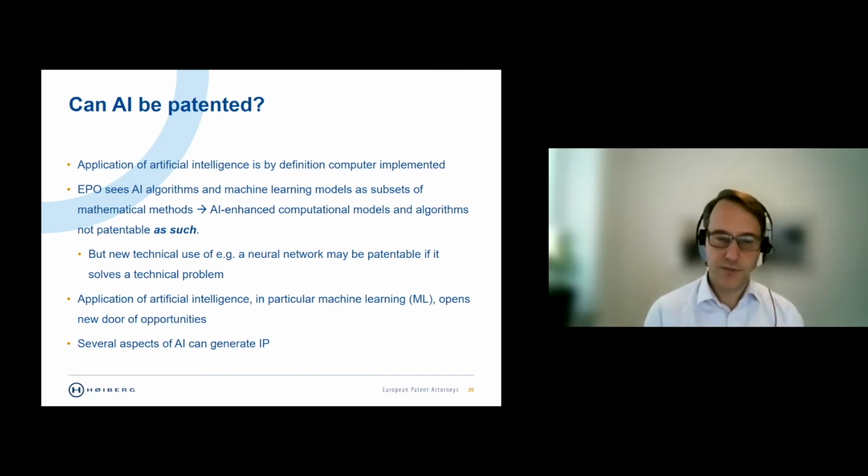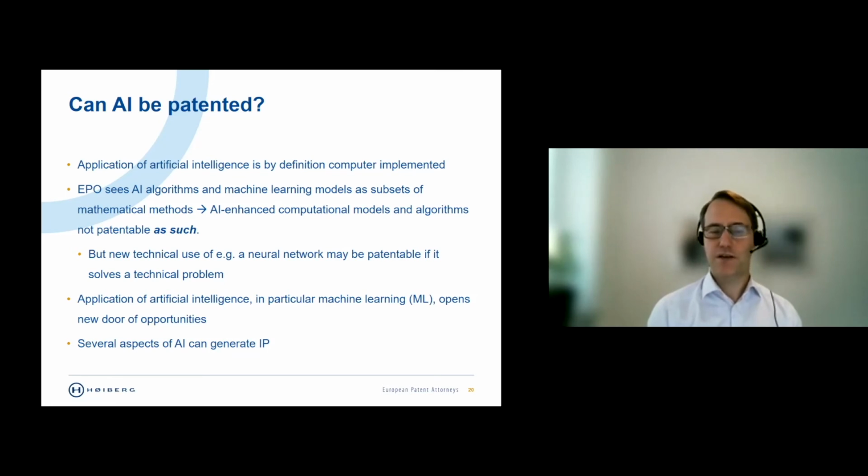So it makes sense from that point of view. So then that would also mean that it should be excluded by definition as such. But again, if we can connect it to a technical problem, it should be patentable. So in that sense, it's pretty much the same as what we already know.